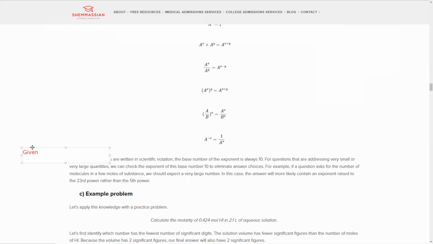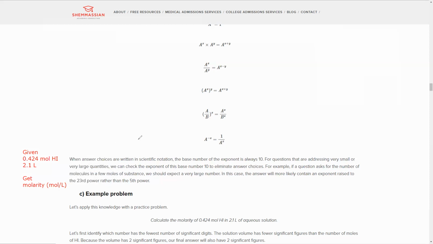I've been given 0.424 moles of HI. I've been given 2.1 liters of solution. And I want to get molarity. So what are the units of molarity again? Moles per liter, right?